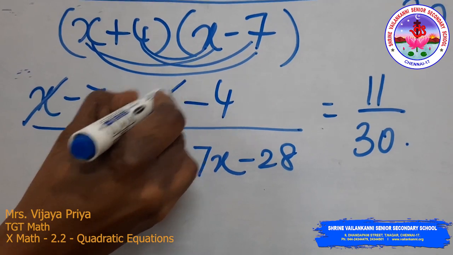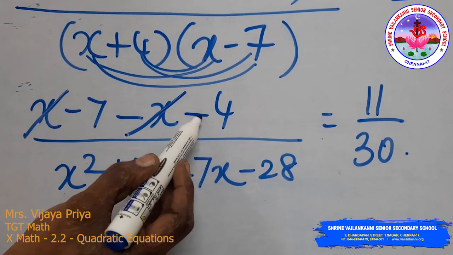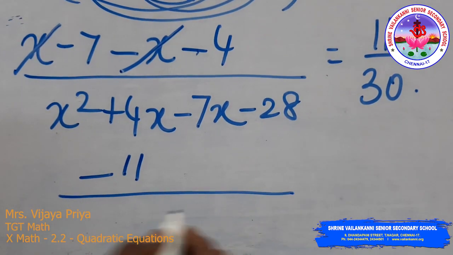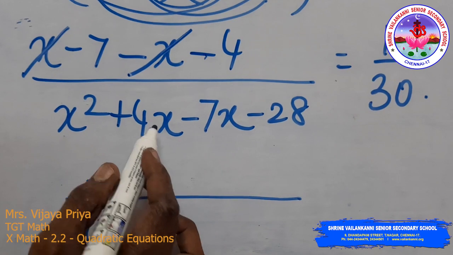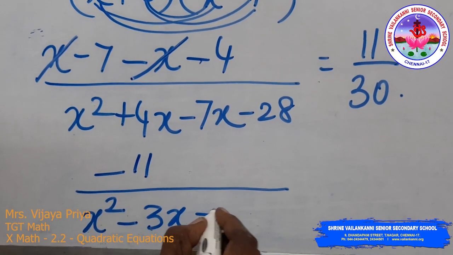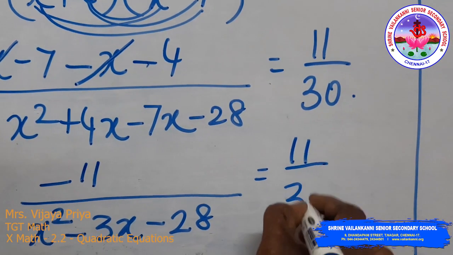Plus x minus x gets cancelled. So minus 7 minus 4 becomes minus 11 divided by x squared plus 4x minus 7x becomes minus 3x minus 28, which is equal to 11 by 30.